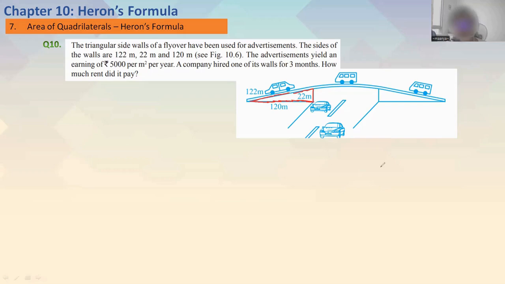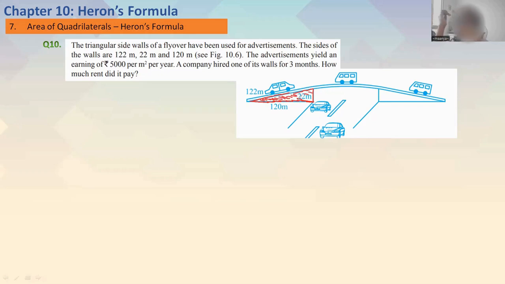We are given three sides. Per meter square, the revenue is rupees 5,000, so we have to find out how many meter squares are within this.